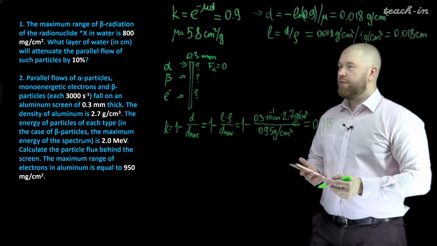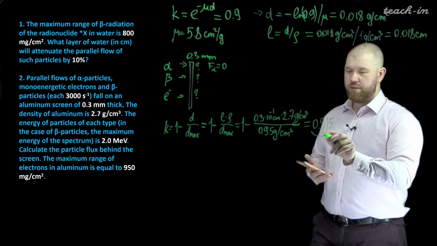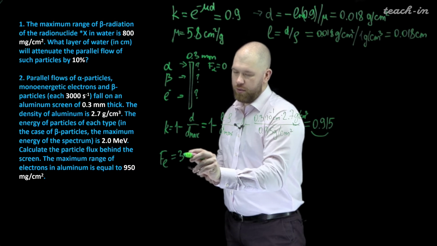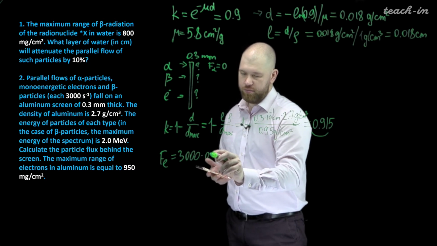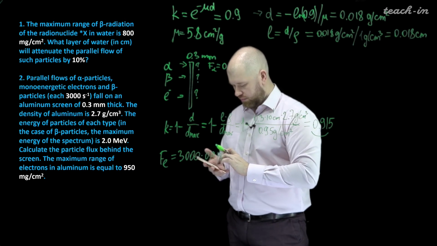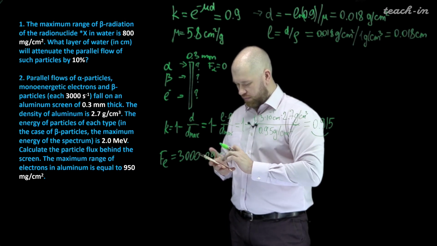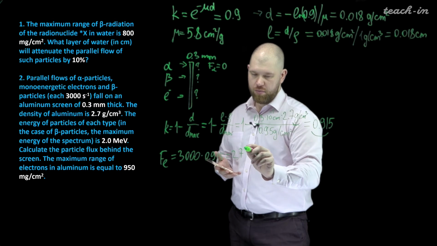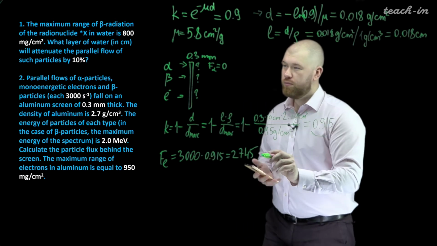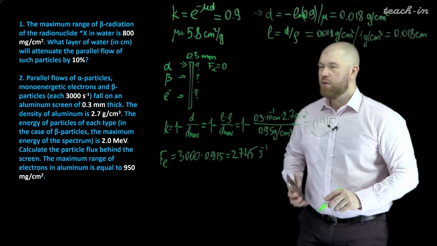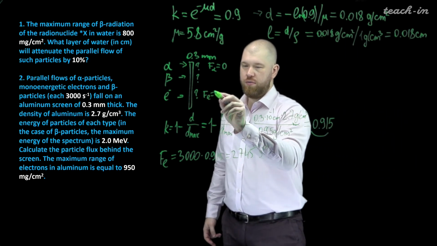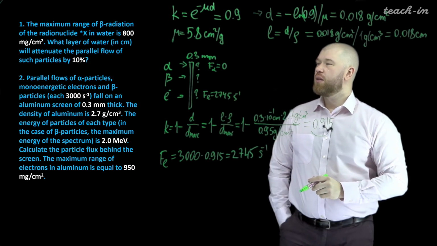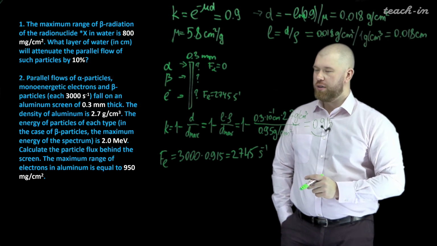To calculate the flux after the screen, we multiply this attenuation factor by the initial flux. So it will be equal to this, in electrons per second.